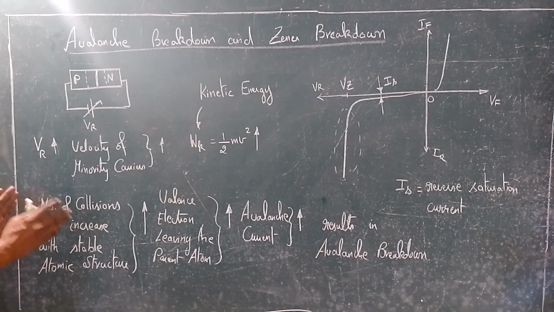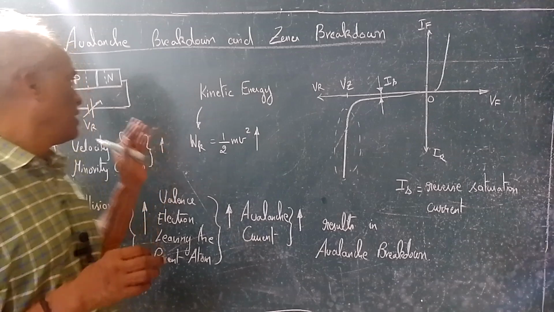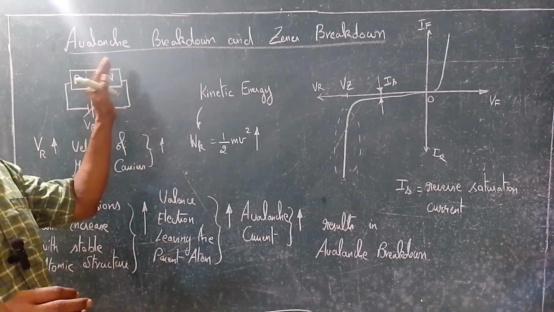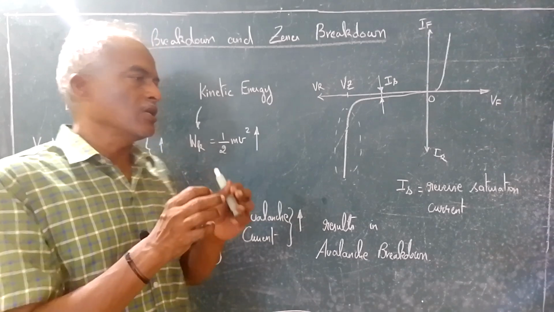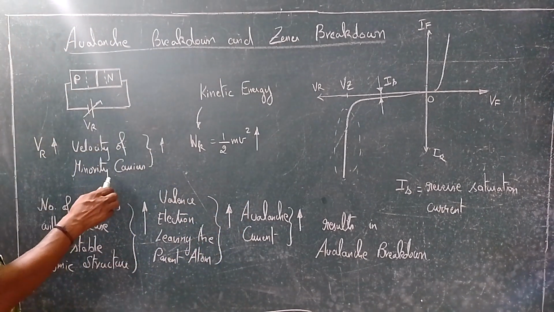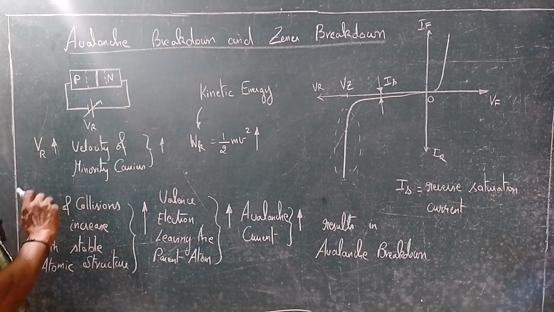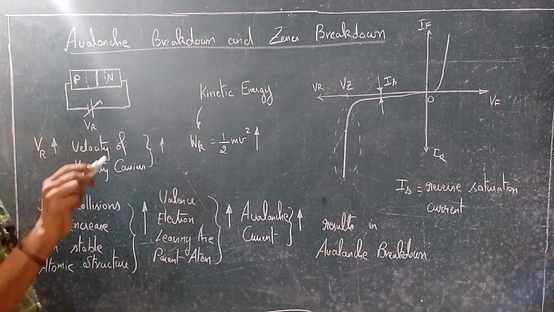So what it will cause is, the number of collisions will increase with the stable atomic structure. That means inside this P-type and N-type material there will be a stable atomic structure. Because of this, the minority carriers will collide with the stable atoms.